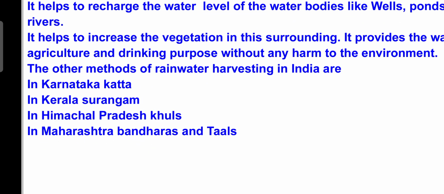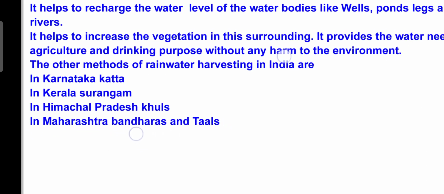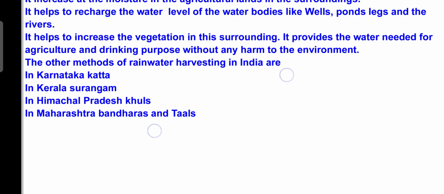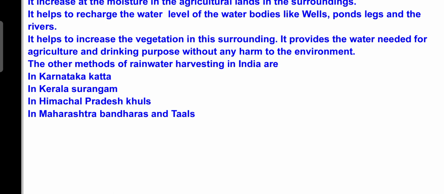It even helps to increase the vegetation in the surrounding. It provides the water needed for agriculture and drinking purposes without any harm to the environment. So, the different rainwater harvesting methods can be separately asked, and you may be asked to write the advantages. You can write the same points for any other harvesting methods.